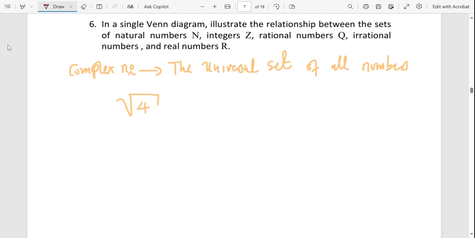But now if I ask you, what is the square root of negative 4? What's the answer? Anyone? So it's not there. For children, they will say it's not there. But for adults, we will say it's there.